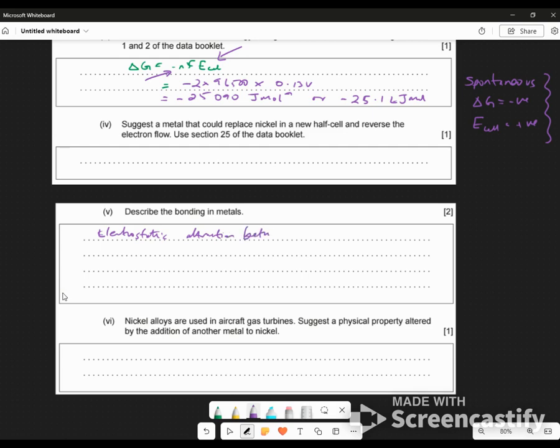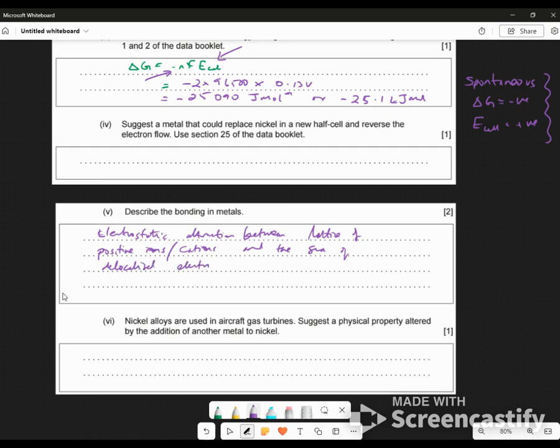Between the lattice of positive ions. Actually, this isn't a bad one. Positive ions, or we could say cations, and the sea of delocalized electrons.